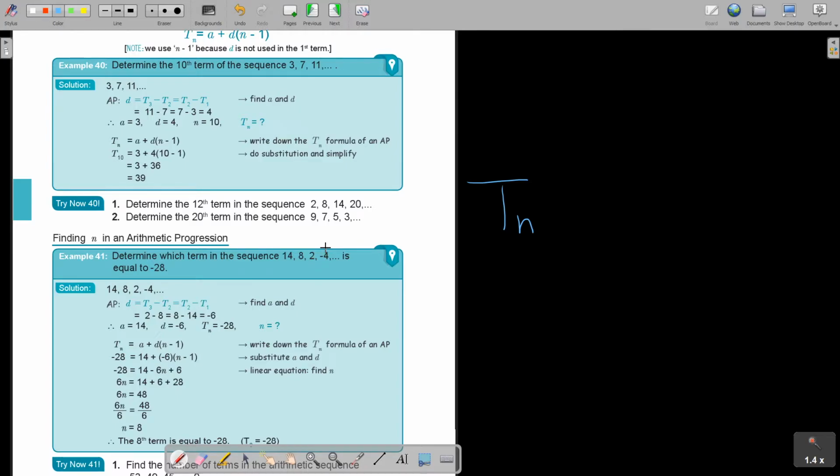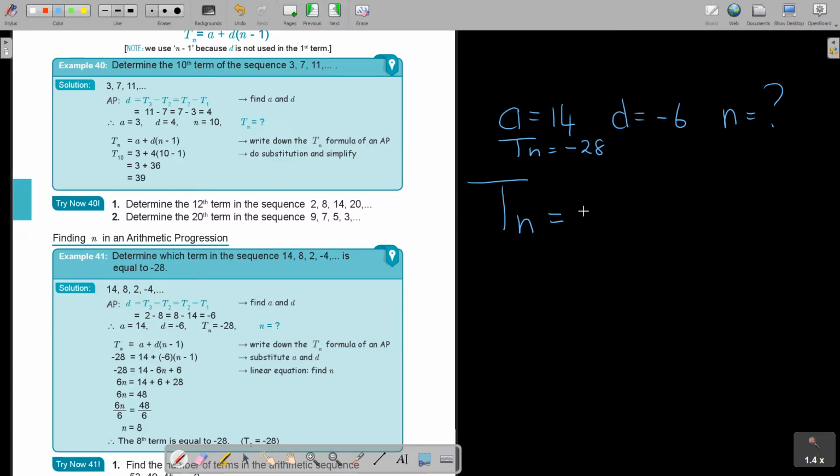Then you start and say, okay, I have the value of A is 14. I know the value of D is negative 6. They want to find n, the position. But I know that Tn, the number in front or back, is negative 28. And now I memorize this formula.